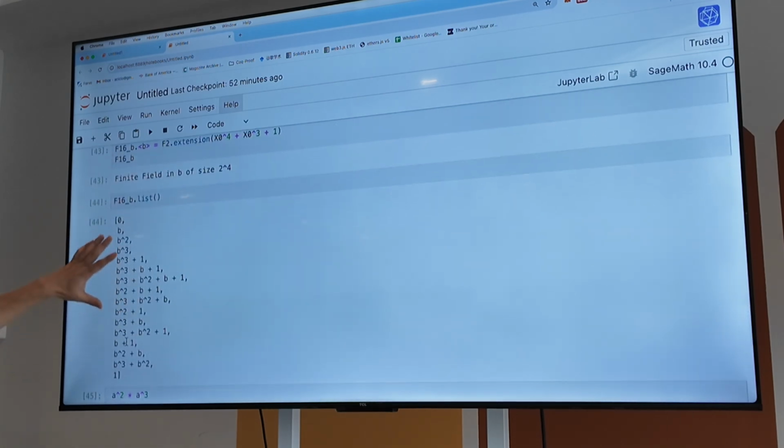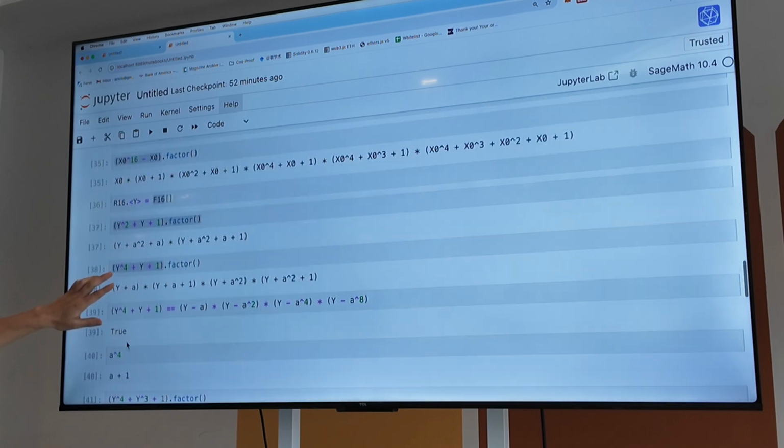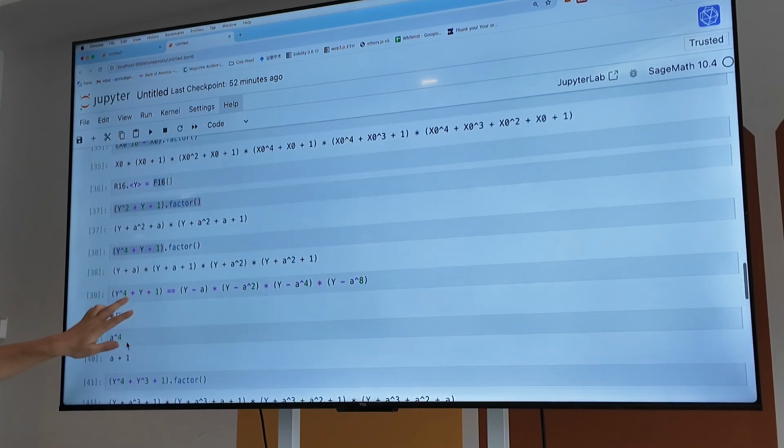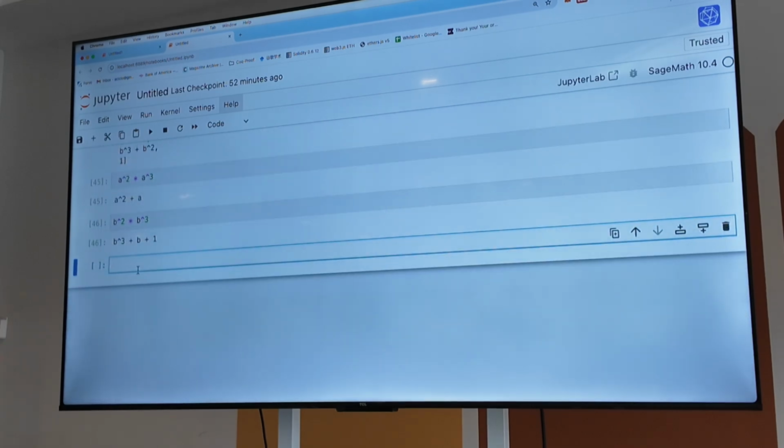Any element here that is a root of this polynomial. We just do a brute force search, because the field is small.